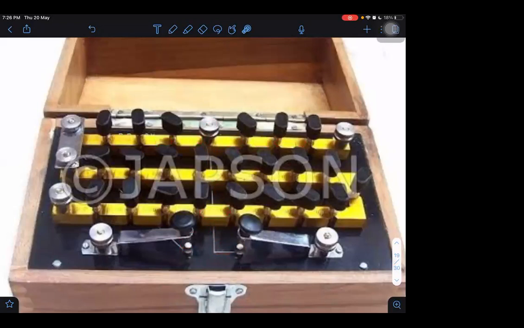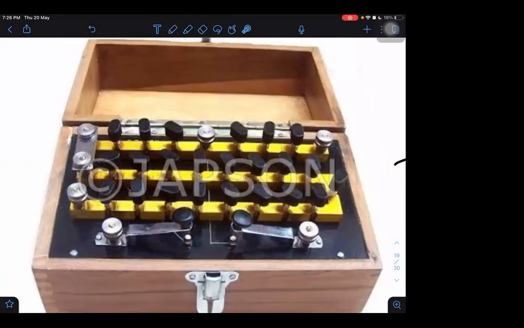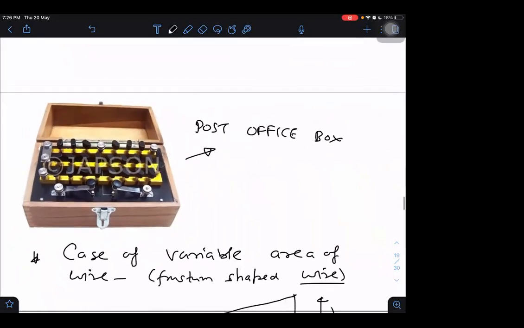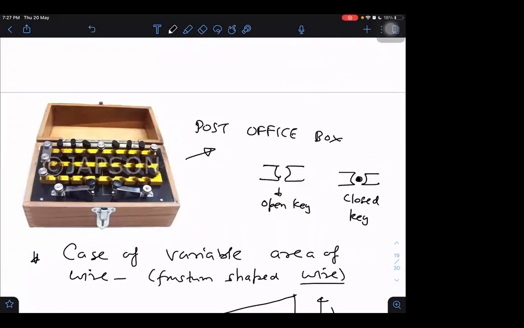Yellow part has zero resistance. And these are keys. Which are keys? These black ones, the dark ones, are keys. How do we represent a key in the diagram? In the diagram, we represent it in this way. This is called an open key, and this one with a circle in between is called a closed key. We will fill it up, then it will be a closed key. What do you mean by open key?